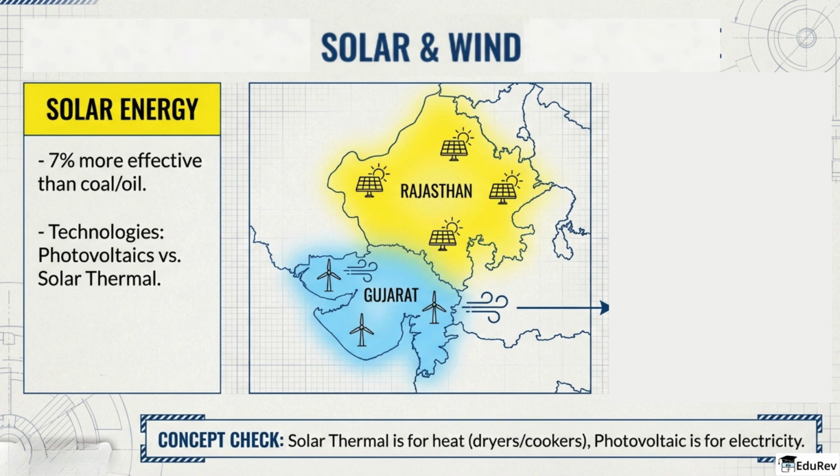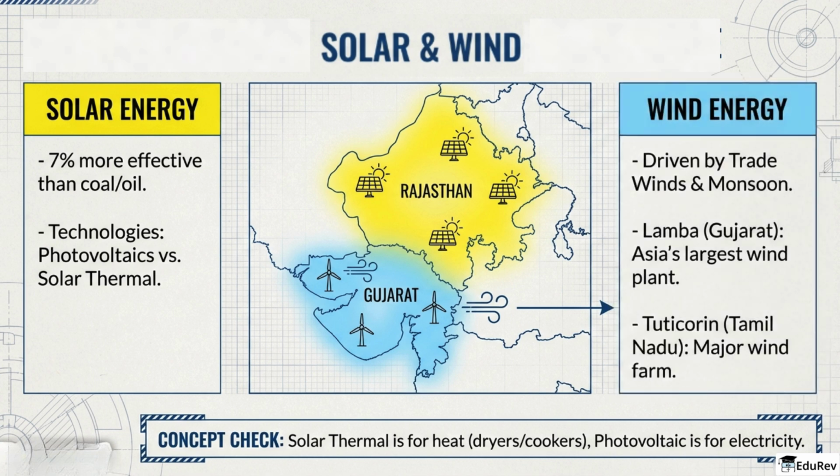Now look at the geography. Rajasthan dominates in solar because of high insolation, clear skies, and vast open land. Then comes wind energy, driven mainly by trade winds and the monsoon system. That is why Gujarat and Tamil Nadu become major wind regions.